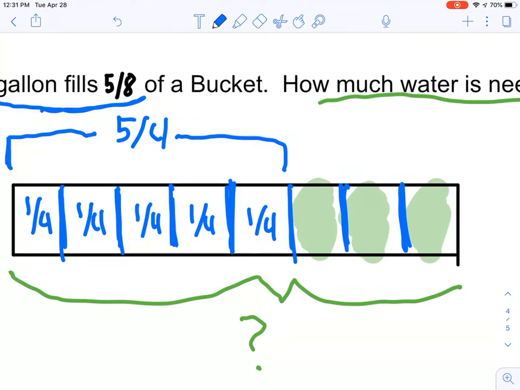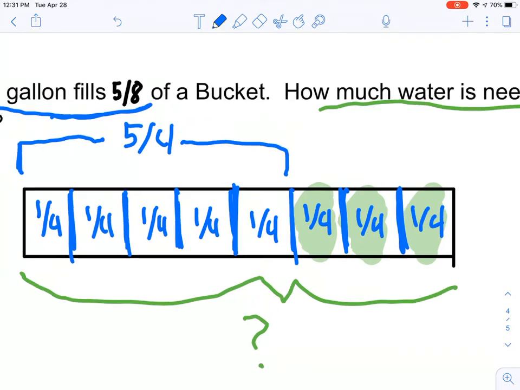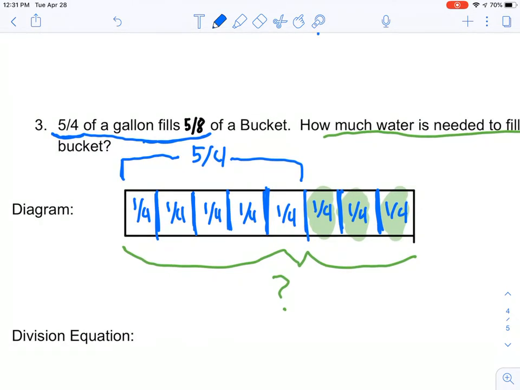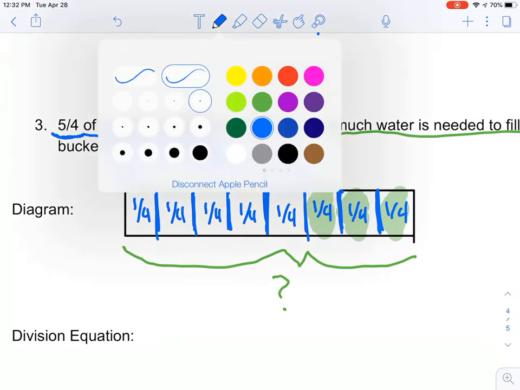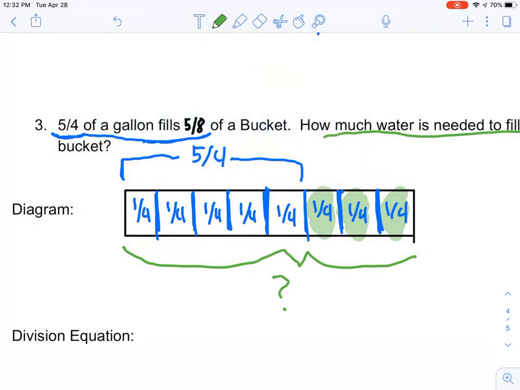So if they're all 1/4, naturally that means we just keep adding 1/4 here. 1/4, 1/4, 1/4. Okay, so now we need to count how many will be in the entire bucket. 1/4, 2/4, 3/4, 4/4, 5/4, 6/4, 7/4, 8/4 all together.